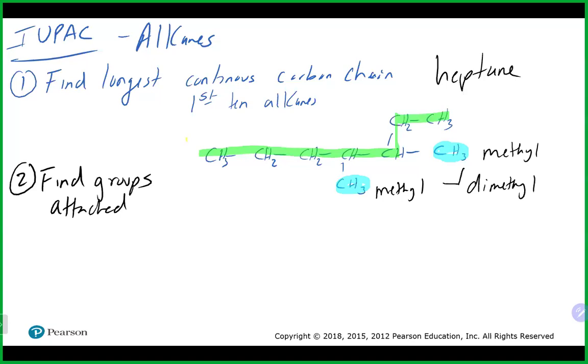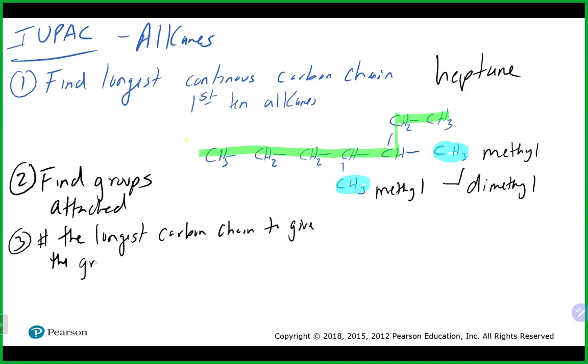All right. So once we have the longest carbon chain, and we've figured out the names of our groups here, what we do is number the longest carbon chain to give the groups the smallest numbers.